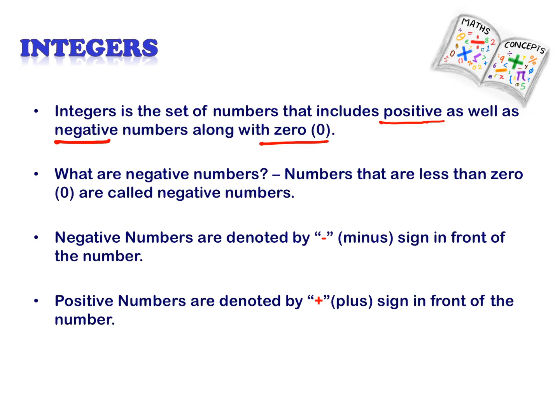So what are negative numbers? Numbers that are less than 0 are called negative numbers. Negative numbers are denoted by a minus sign in front of the number, for example minus 5, minus 10, minus 15. And positive numbers are denoted by a plus sign in front of the number, that is plus 5, plus 10, plus 15.